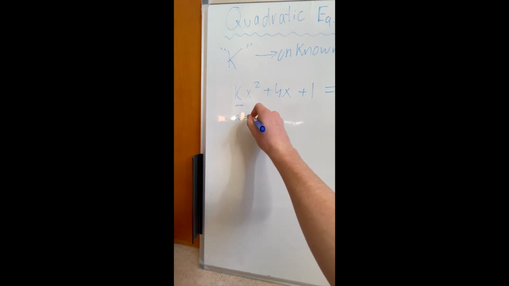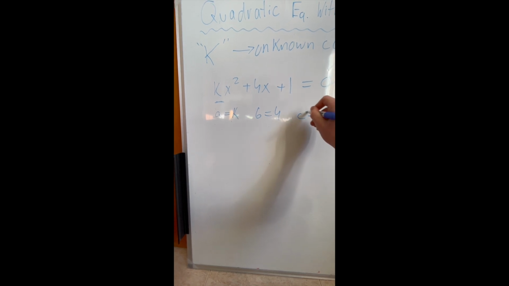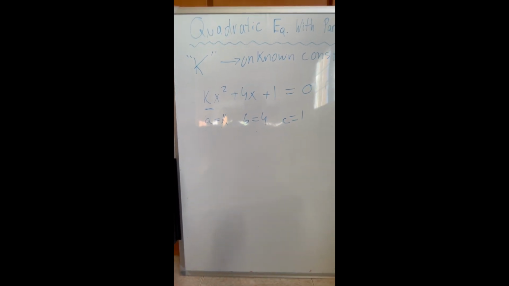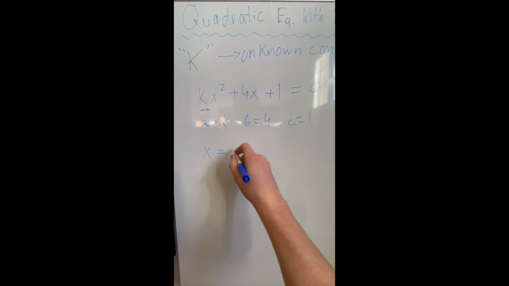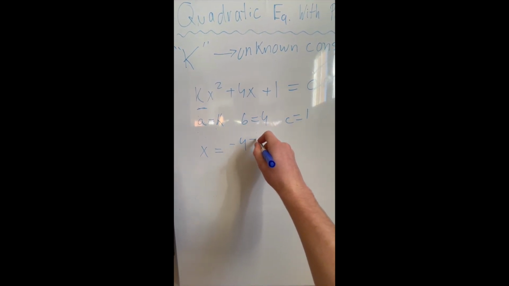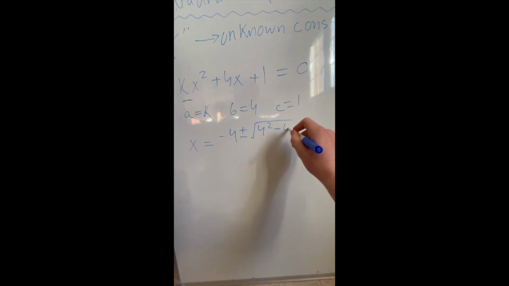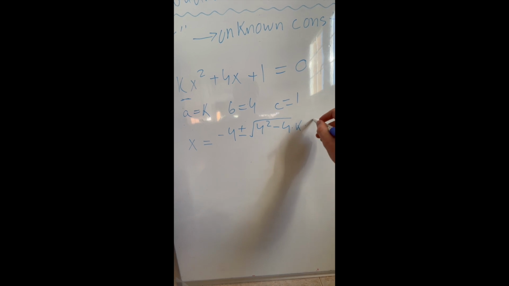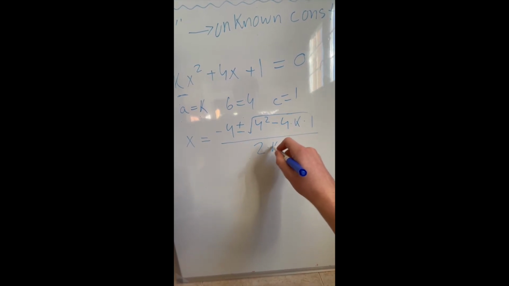We can say that a is equal to k, b is equal to 4, and c is equal to 1. Now let's use the quadratic equation formula. x is equal to minus b plus or minus the square root of b squared minus 4 times a times c, divided by 2 times a, 2 times k.